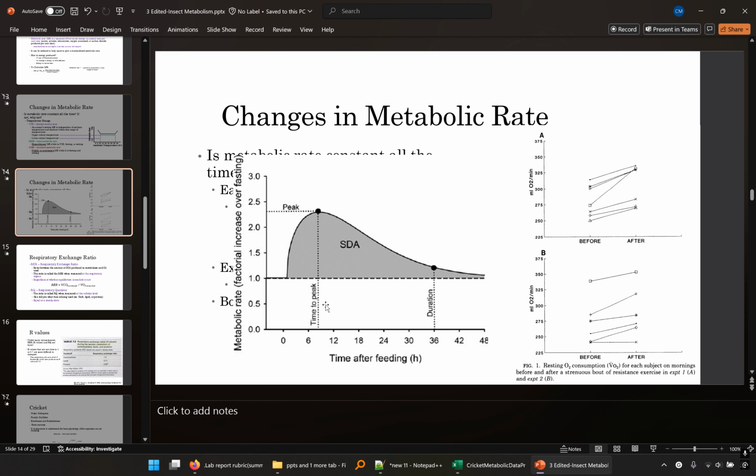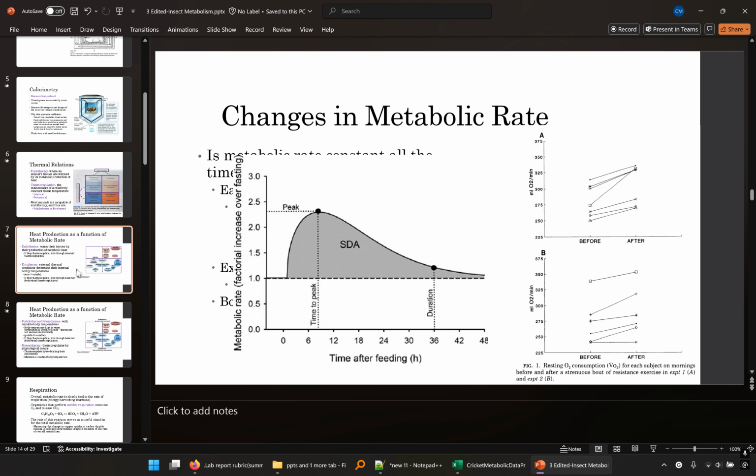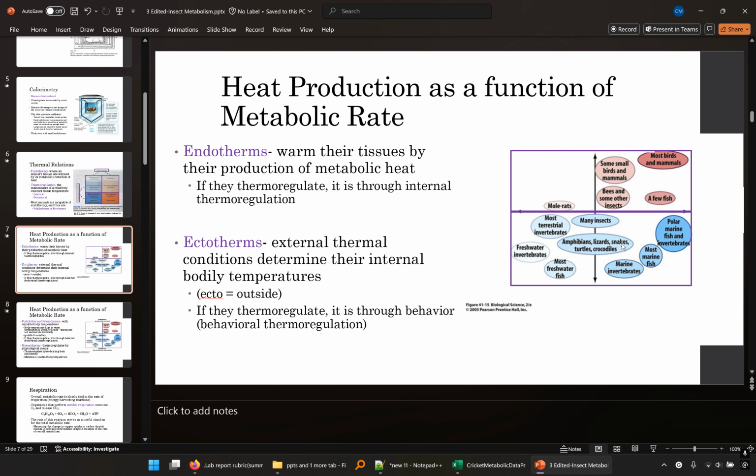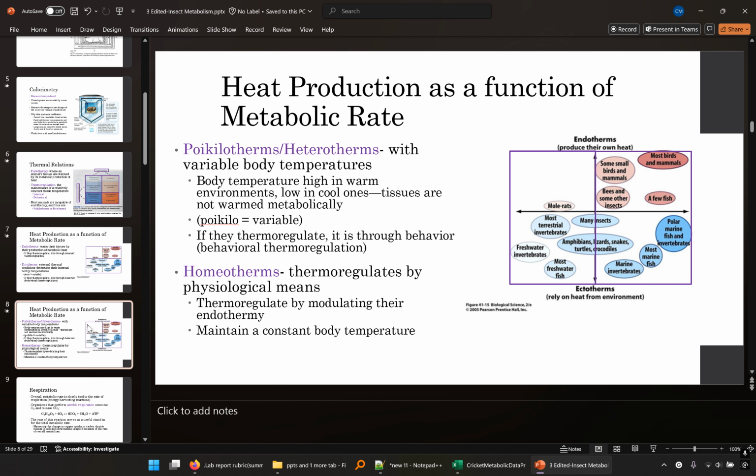Another important concept to go over would be this relationship between temperature and metabolic rate. You can imagine, because this cricket is a poikilotherm, it is ending up in most of this lower section, where its body temperature would actually be determined from the outside, and because it doesn't regulate its body temperature, its body temperature is dependent on the environment.